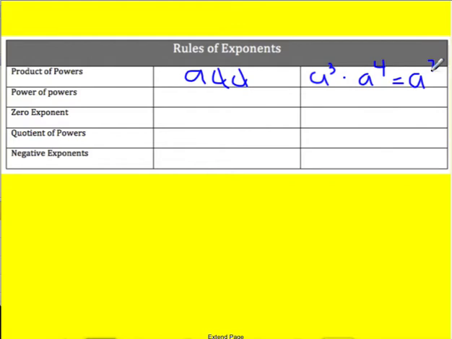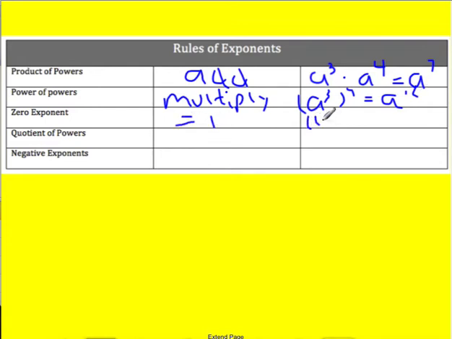If you have a power of a power, here is where you're going to multiply your exponents. So if you have a to the third, and that a to the third is being raised to the fourth power, then you need to take 3 and multiply it times 4. And that gives you a to the 12th. If you have anything to the 0 exponent, it always equals 1.